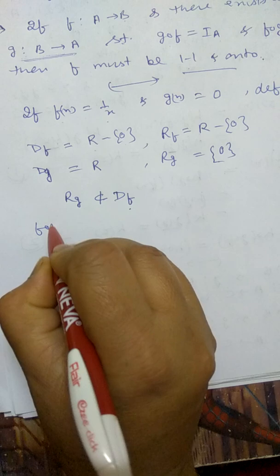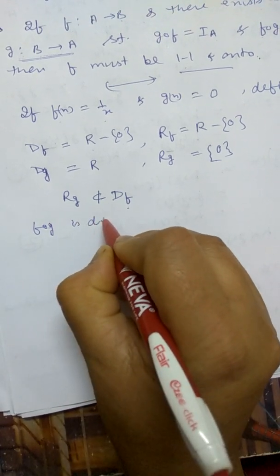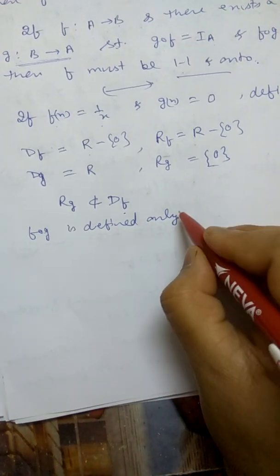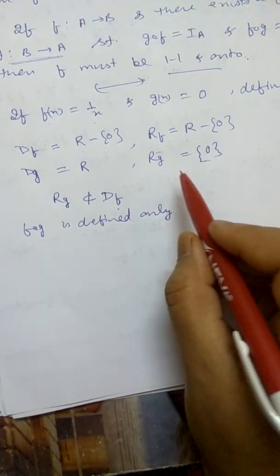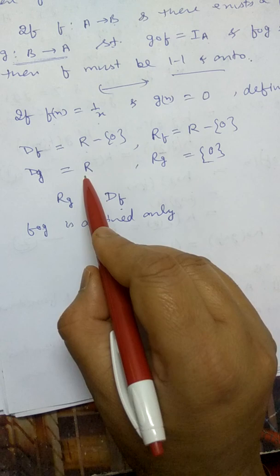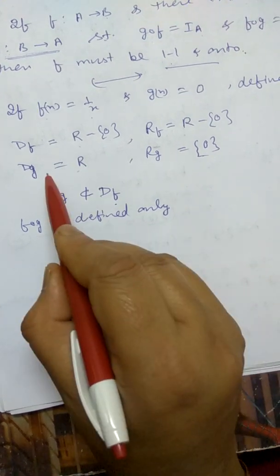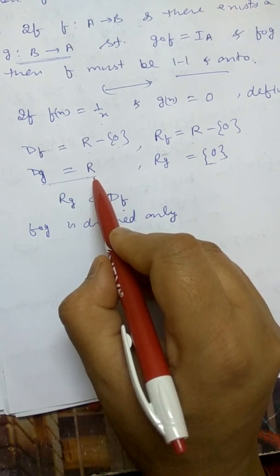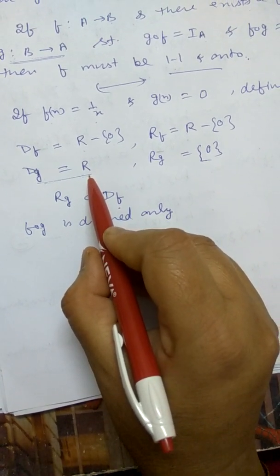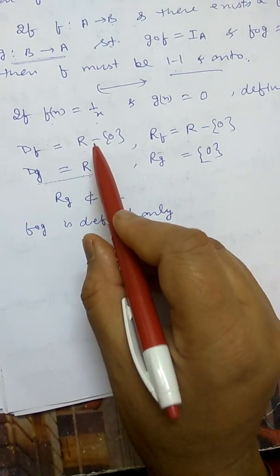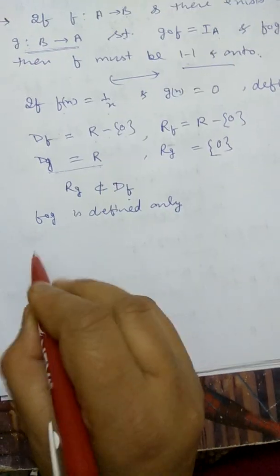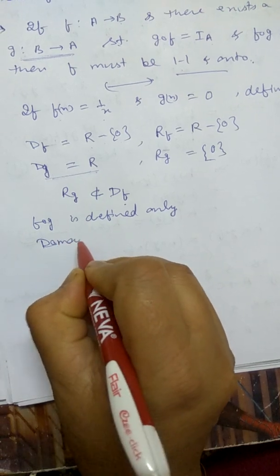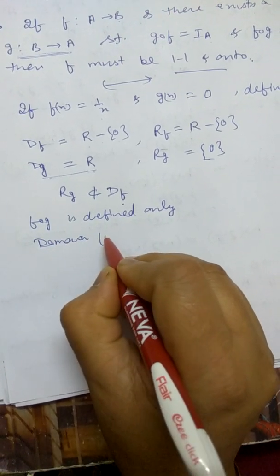This f∘g is defined only for those elements in the domain of g which have their images in the domain of f. It means now we have the domain of f∘g.